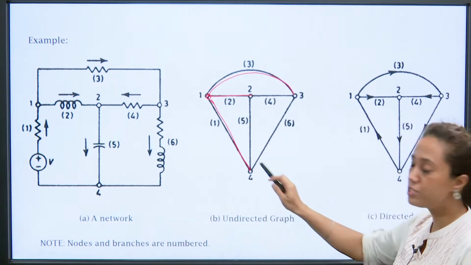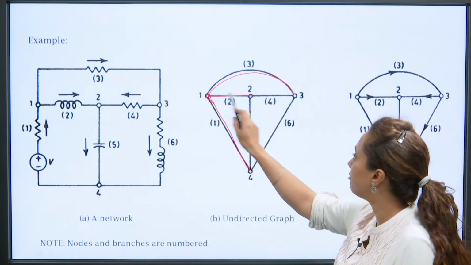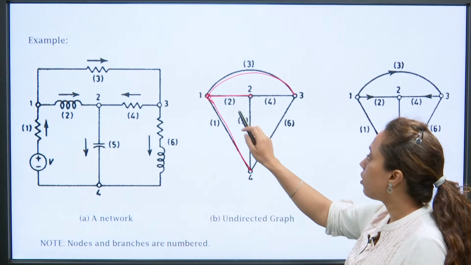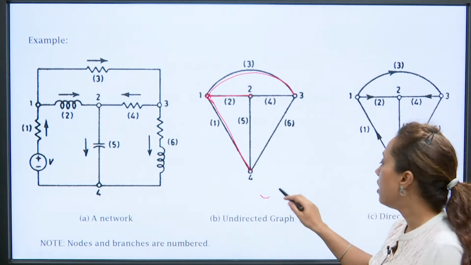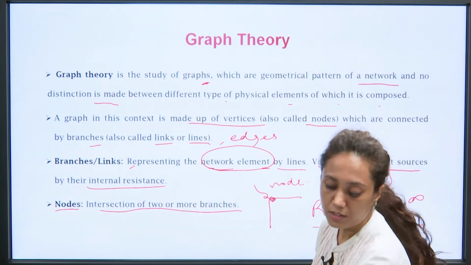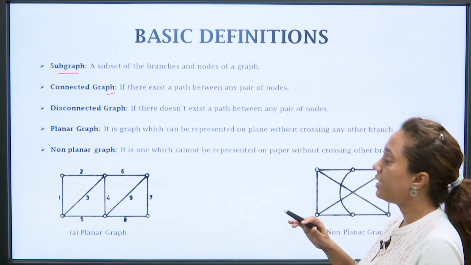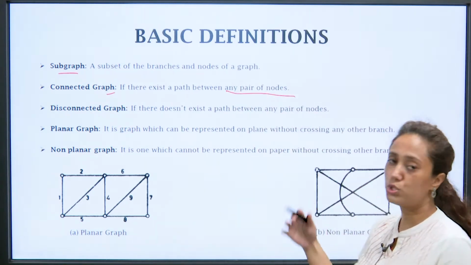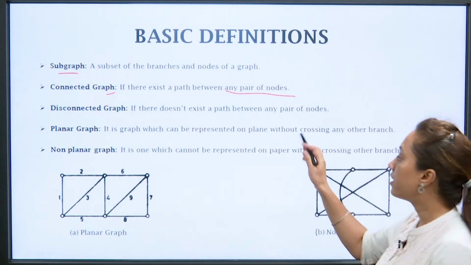There are 4 nodes, this one node is connected with the other 3 also, this second node is connected with 1, 3 and 4. So in this way all the 4 nodes are connected with each other. So this is called the connected one, right. When there exists a path between any pair of nodes, meaning all the nodes are connected with the other nodes, then it is a connected graph.